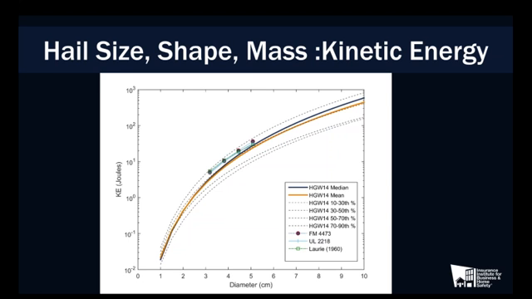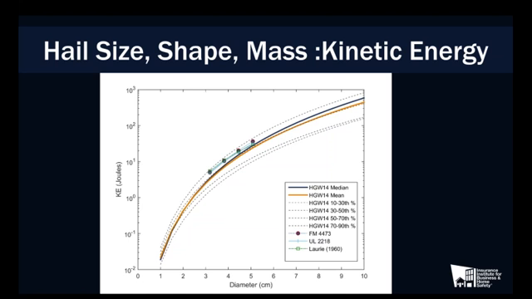So we're on the log scale on the y-axis, just to make it a little easier to see. So we have the median of our field database, the orange color, that's the mean. And then the standardized test kinetic energy. So we've got the FM4473 ice ball, the kinetic energy that's used there, the UL2218 steel ball drop, and then the original Laurie studies actually kind of buried in there.